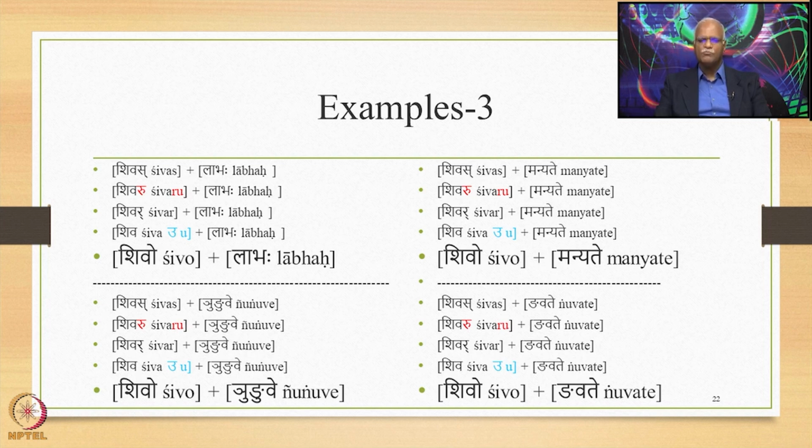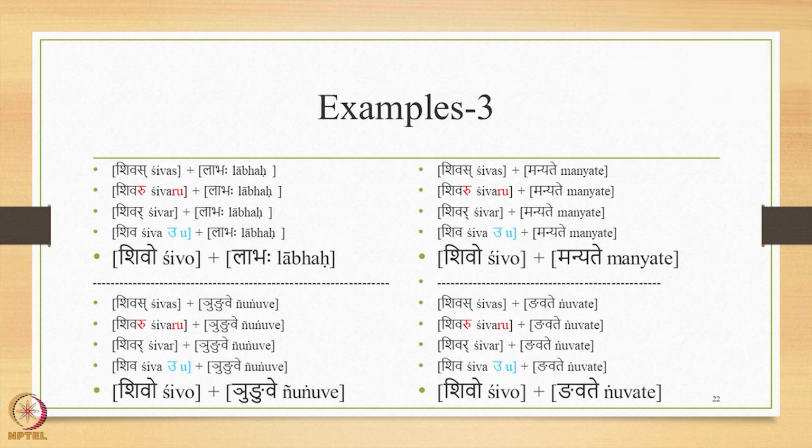So, we get Shivo Manyate. Similarly, we have Shivas plus Gavate as the input, where sa appears at the end of the pada, and so Sasajusho Ruhu applies, and then this r is substituted by u. Then finally adgunaha applies, and we get Shivo Gavate as the output.